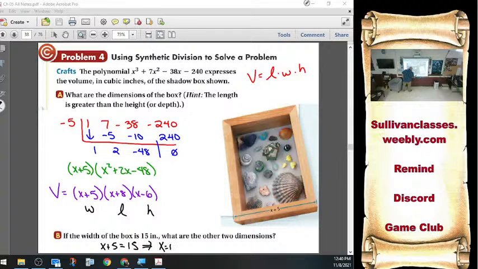So if x is 10, I plug it in, say the length is 18, and 10 minus 6, the height is 4 inches. It's an application of this. Do not be surprised to see somewhere in your assignment something about geometric descriptors, where you're going to have to divide to find the remaining dimensions.